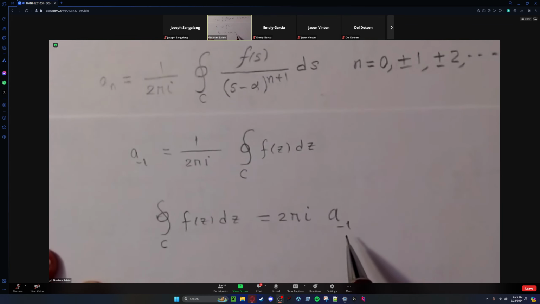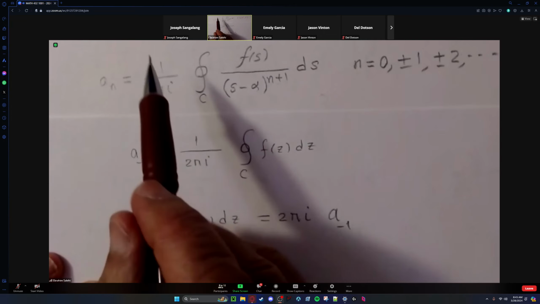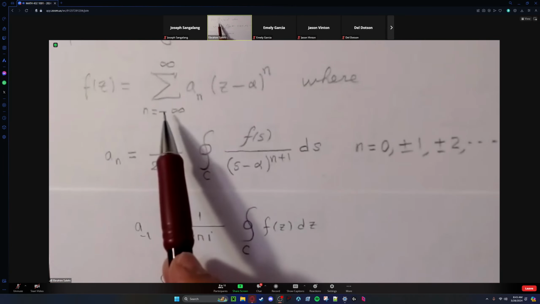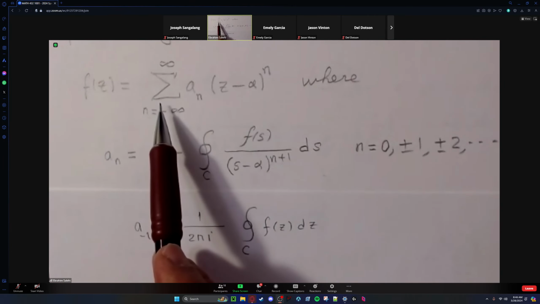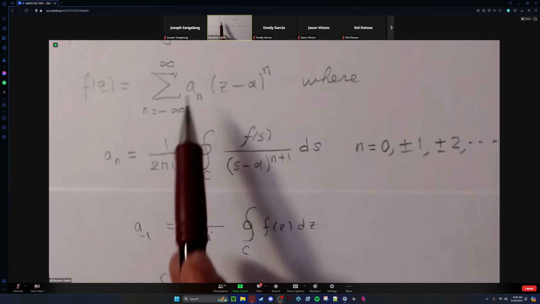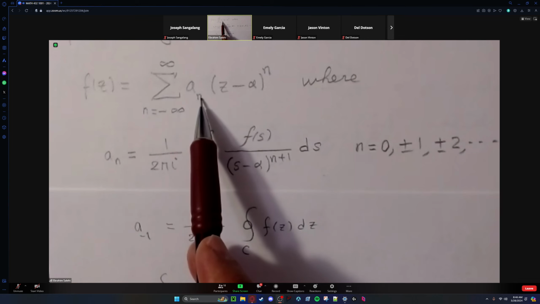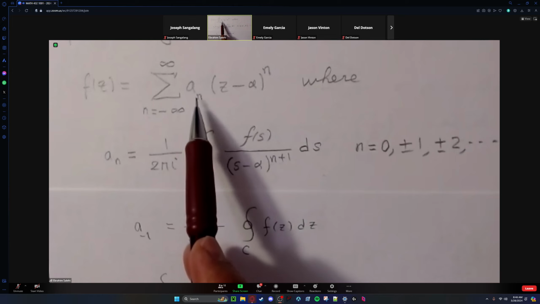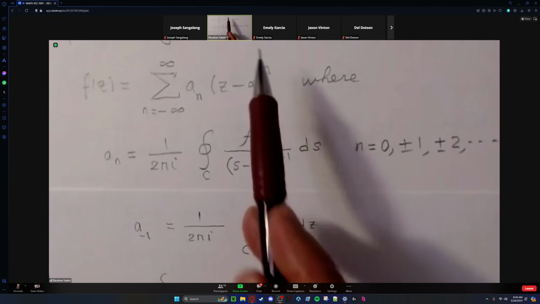What is a_-1? In this expansion, it is here when n is -1: a_-1 times z minus alpha to the -1.